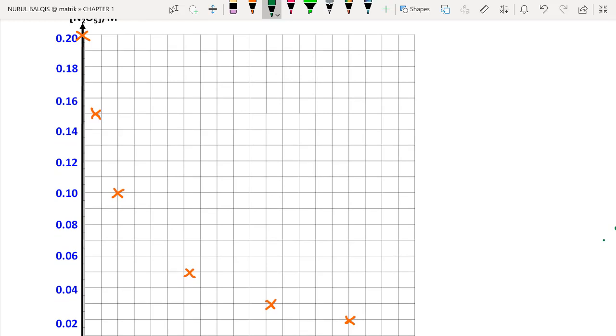Okay, Bismillah. Right. So this is our graph of half-life.